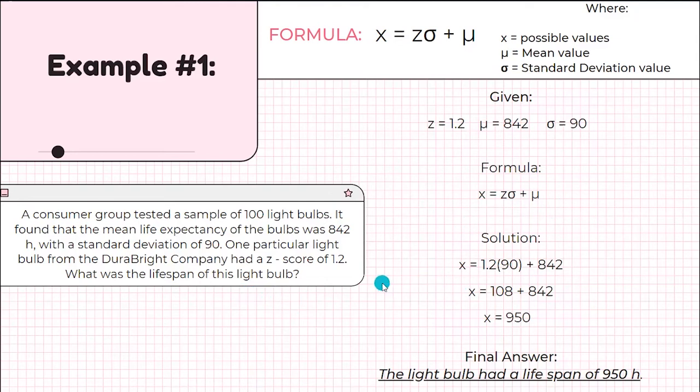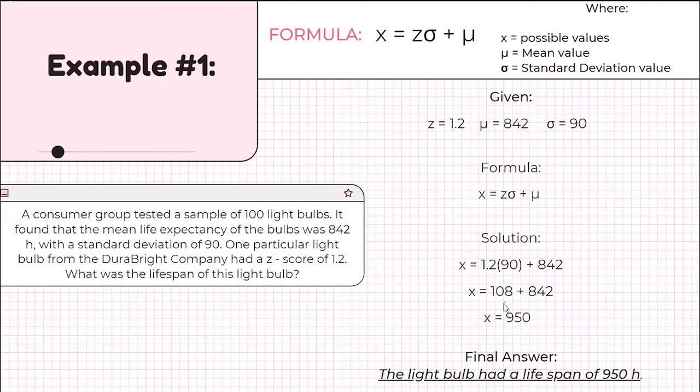Okay, so first let us replace the following values, and it will be 1.2 times 90 plus 842. We will first multiply 1.2 and 90, and the answer is 108.